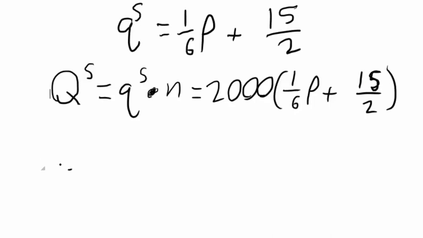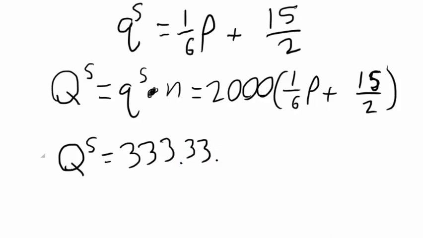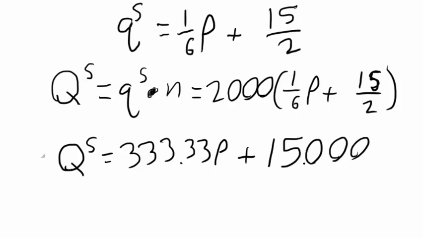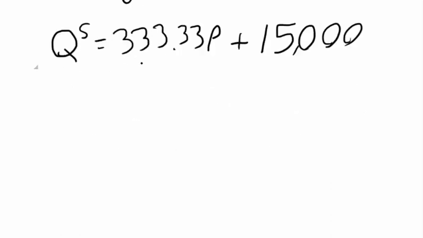And by distributing that 2,000, we get a quantity supplied function of 333.33 times P plus 15,000.